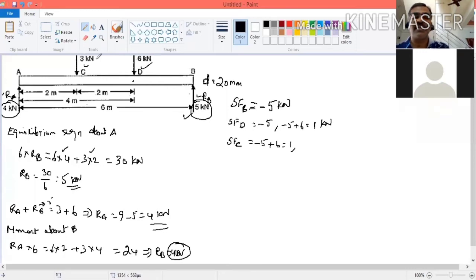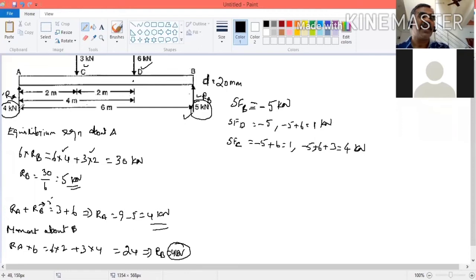Then 3 kilonewton suddenly will be added, plus 3. So we can write it like this: minus 5, this 6 downward, then 3 downward. So positive, positive. That is equal to 4 kilonewton. The same 4 kilonewton will go up to this point.